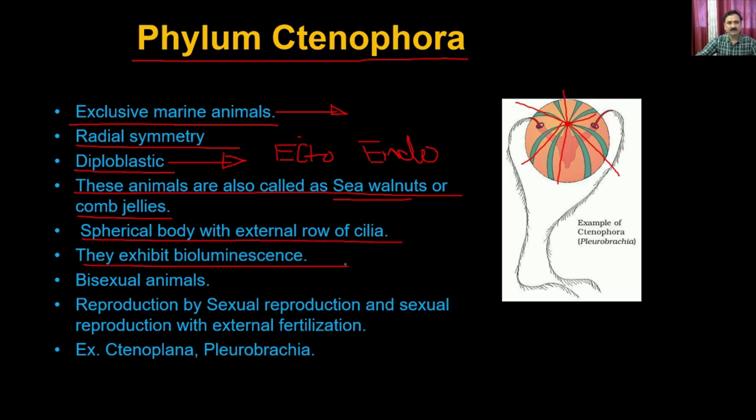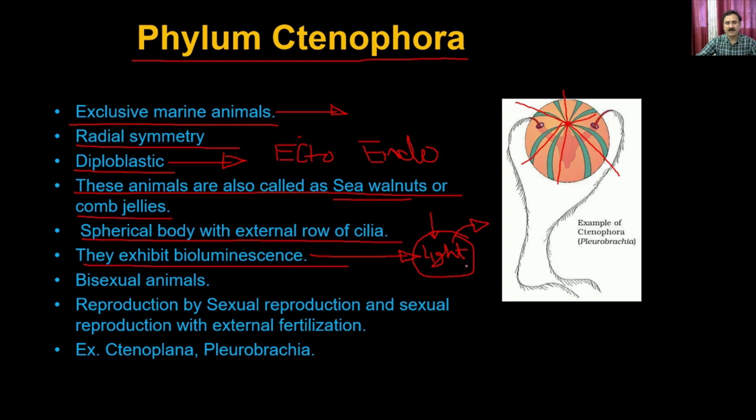They exhibit bioluminescence. I'm sure you all probably know about bioluminescence. Bioluminescence means the organism is going to produce light, and that light is not produced by simply absorbing light from the sun. The light is being produced by the organism, and this phenomenon is called bioluminescence.